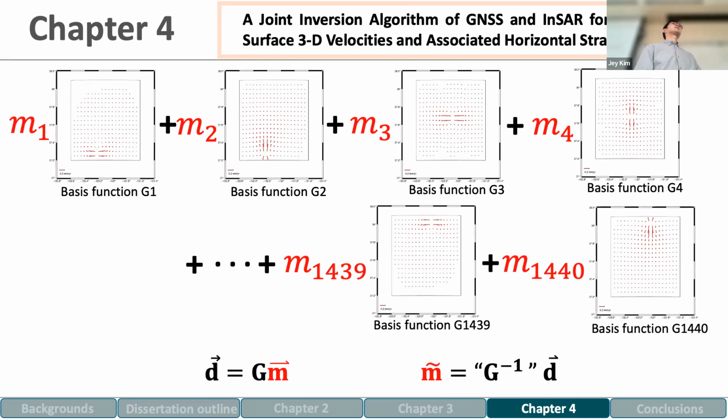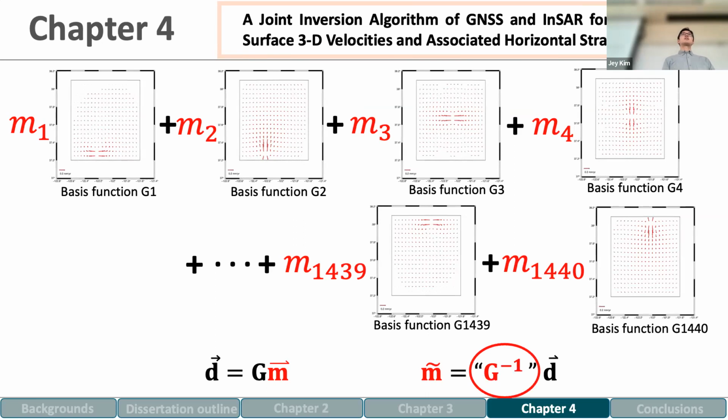We obtained these basis functions by solving force balance equations using 4 different body force equivalents, assuming the basal traction is 0. It's some technical stuff, and we try to obtain the best model whose linear combination can predict both InSAR and GNSS at the same time. That's the key, and for that we had to obtain this G inverse.